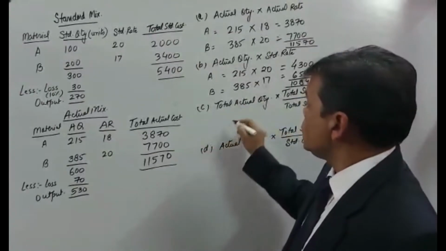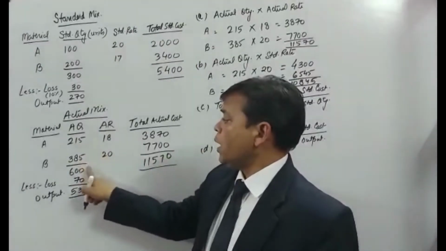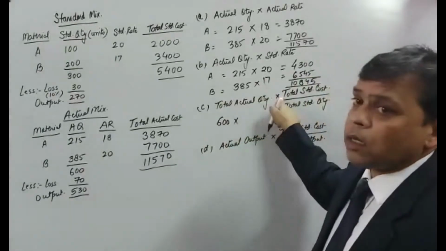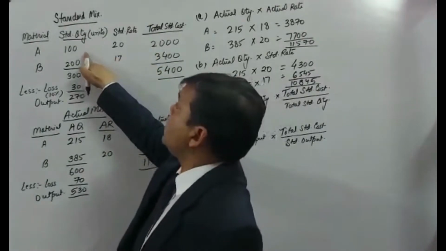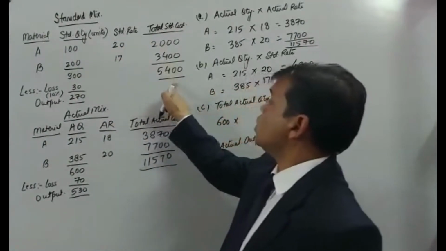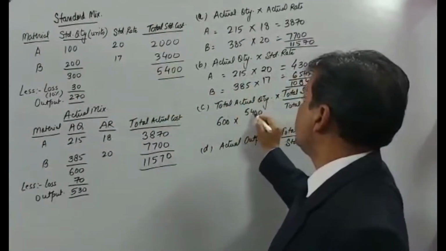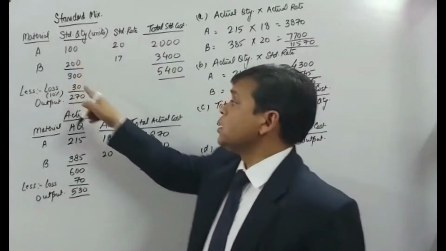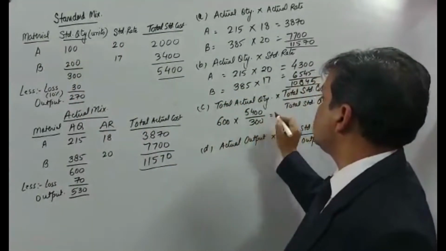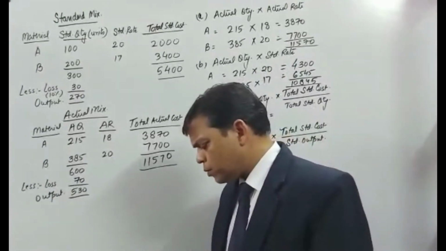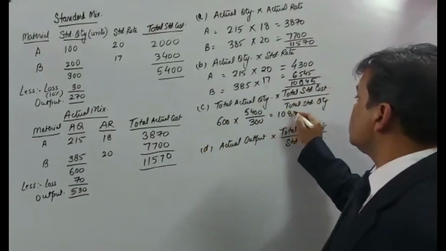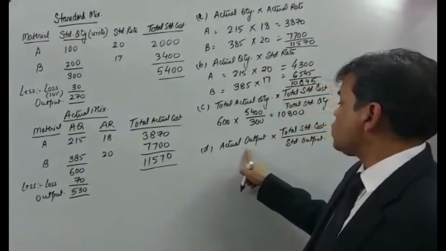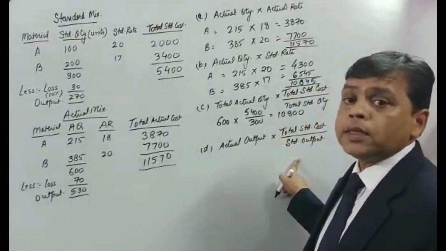The total actual quantity is the addition of the actual quantities, that is 600, multiplied by the total standard cost, which we calculated by multiplying standard quantity into standard rate, that is 5400, divided by the total standard quantity, that is 300 units. If we solve it, it gives you 10,800.